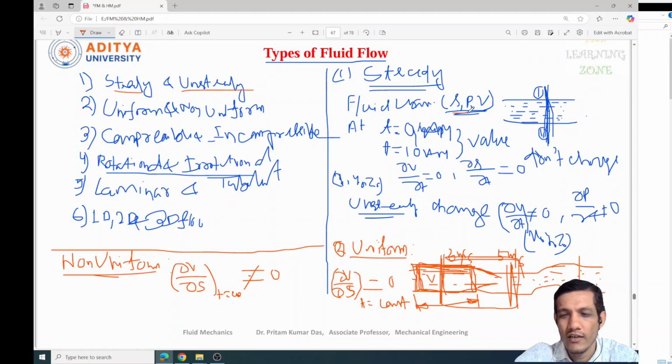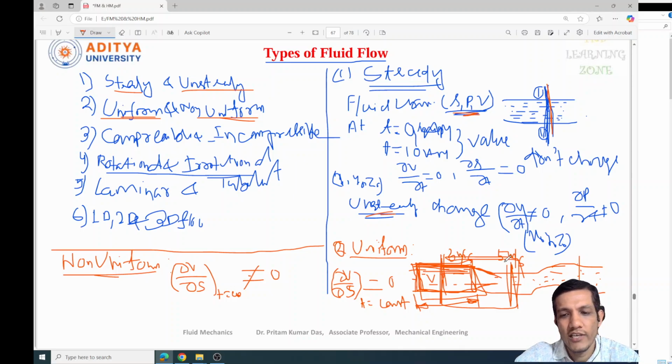Steady is where the properties of the fluid do not change with respect to time. Then we can say steady. If they change, then we can say unsteady. Uniform: the velocity is not going to change with respect to space at a particular time. The velocity over the whole space is the same at a particular time, then you can say uniform.